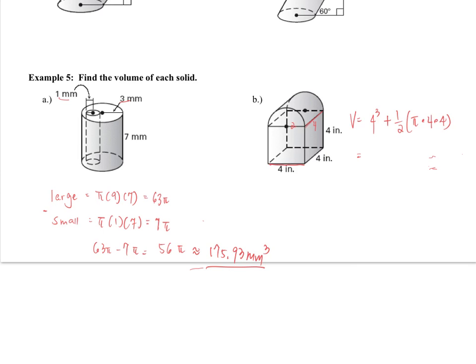Half of 16 pi is 8 pi. So 64 plus 8 pi, if you were to leave your answer in terms of pi. If you're asked to leave your answer in decimal form, you have to use a calculator, and that would be 89.13 cubic inches.